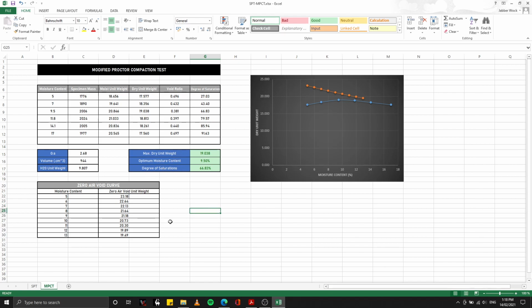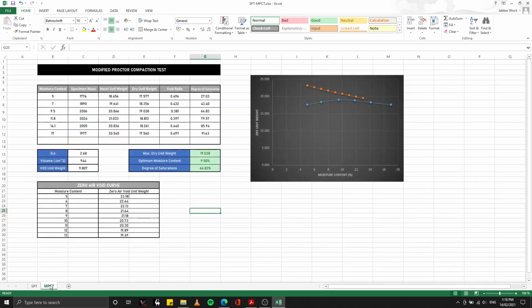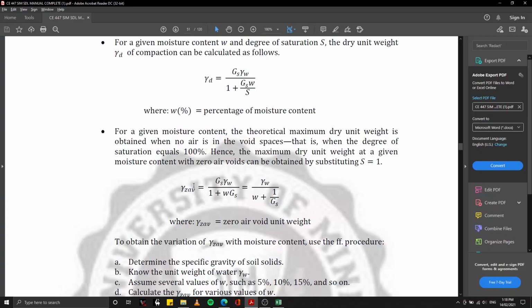Next is the zero air void curve. Now, for the zero air void curve, the same sa ginawa natin kanina dito sa ating standard Proctor test, nag-assume tayo ng ating value for our moisture content. Pero ang difference lang dito is iisa lang ating value ng ating zero air void unit weight. Now, to get the zero air void unit weight, ang susundin dapat natin na formula is ito.